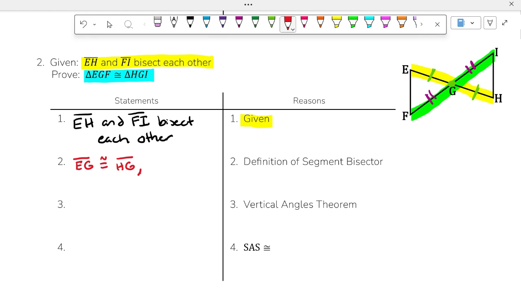What's going to be the other statement? So I got one set that's congruent. What else do I put? FG is congruent to what? IG. Good. So I said that EG and HG are congruent. FG and IG are congruent because that's what a segment bisector does. It makes two congruent lines.